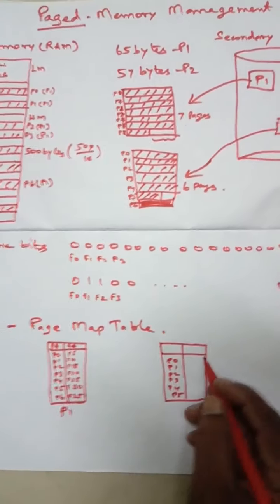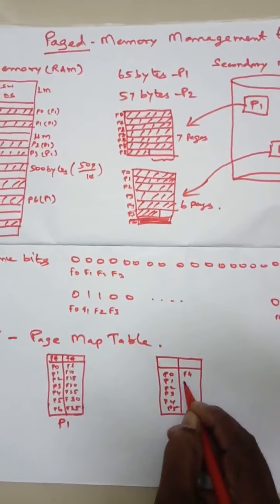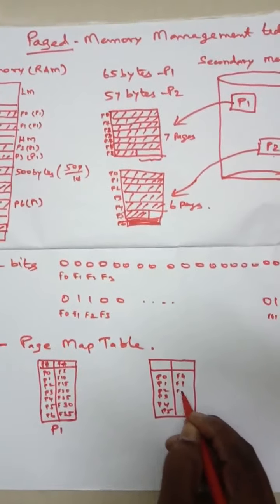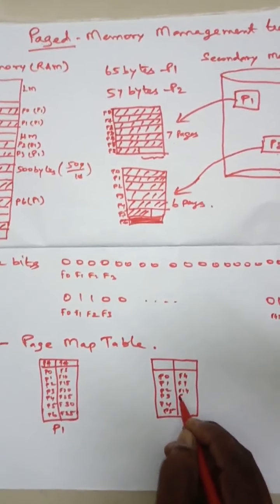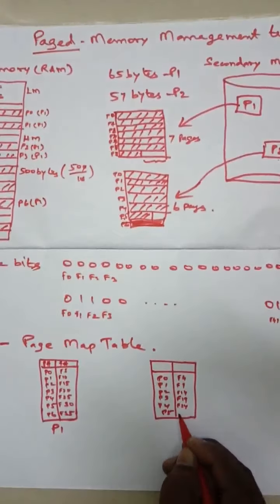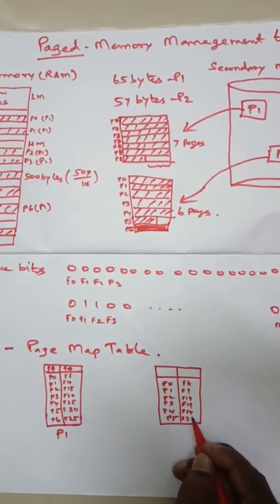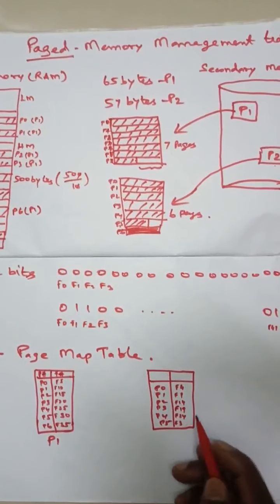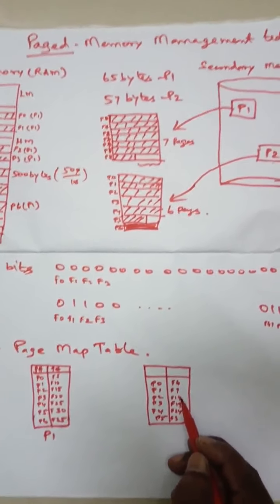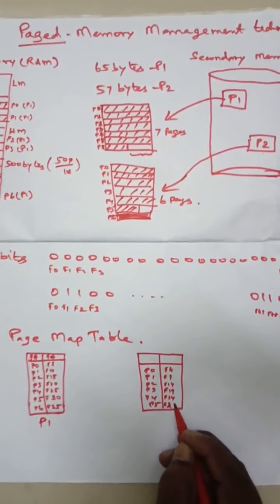These are available in frame 4, frame 9, frame 14, frame 19, frame 24, and frame 29. Very clear?